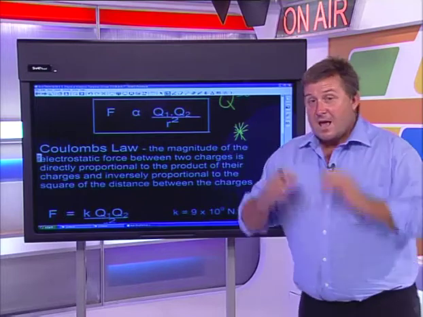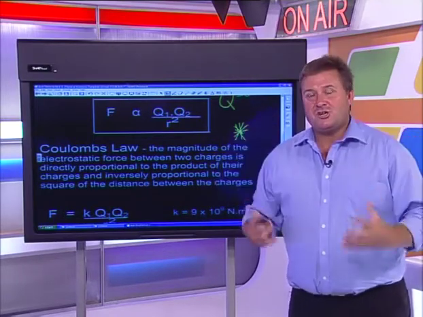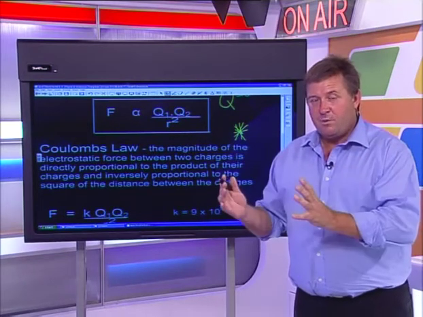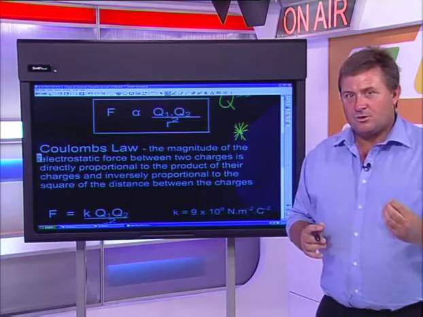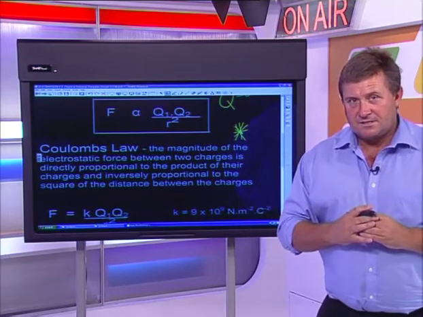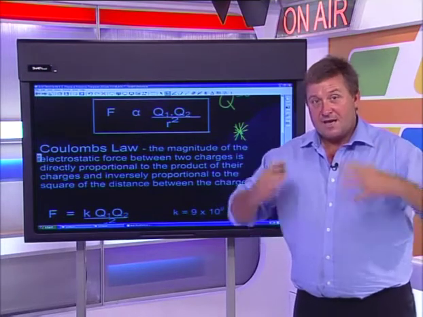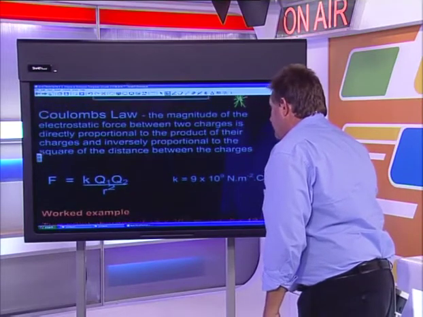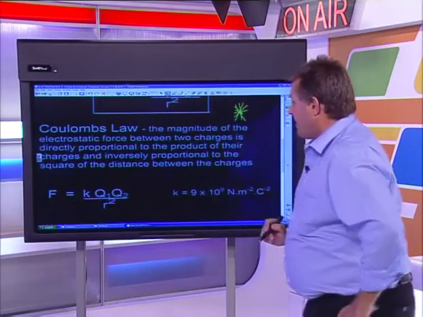Okay, but now we've got Coulomb's law. We've got this relationship, a direct proportionality, the electrostatic force directly proportional to the product of the two charges and inversely proportional to the square of the distance between those charges. How do we now mathematically interpret this? Well, Coulomb's law now gets mathematically interpreted by having a look at this equation over here.